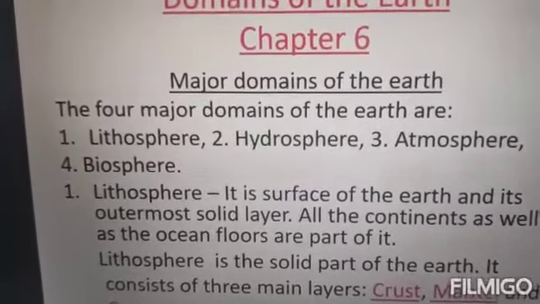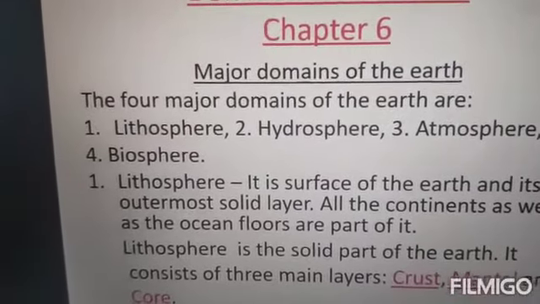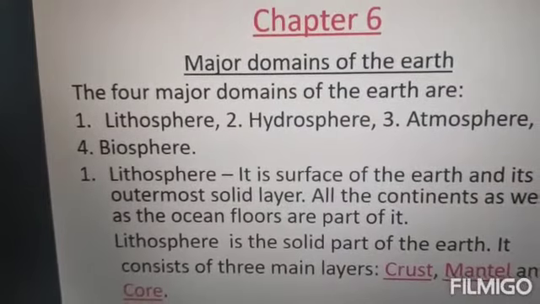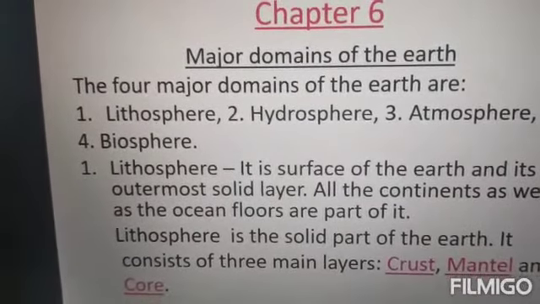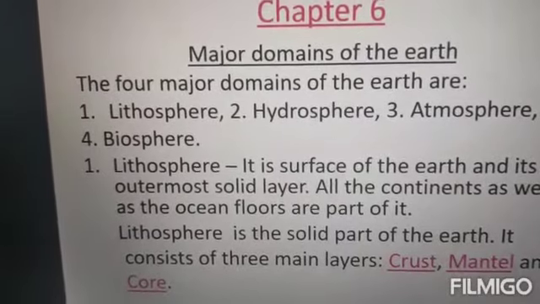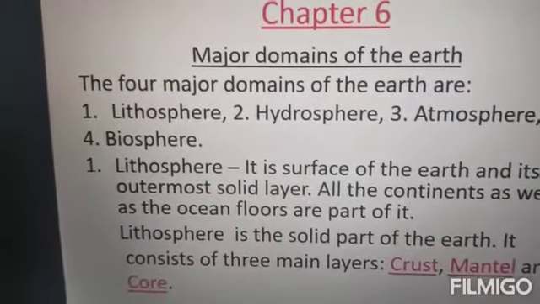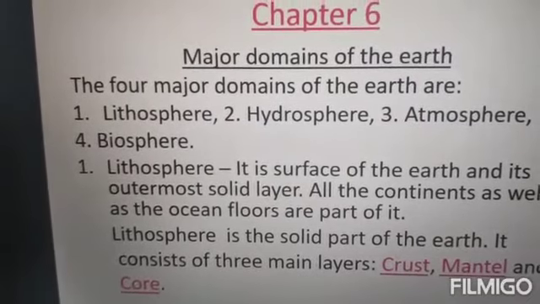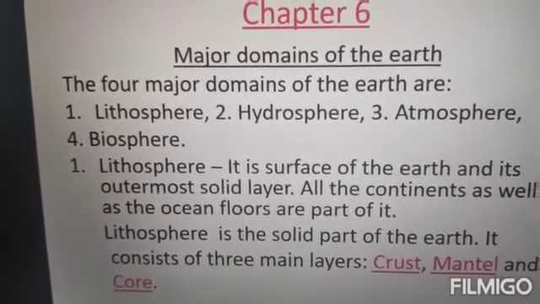So what are the major domains of the earth? The four major domains of the earth are lithosphere, hydrosphere, atmosphere and biosphere. So lithosphere is the solid part of the earth. It consists of three main layers, that is crust, mantle and the core.